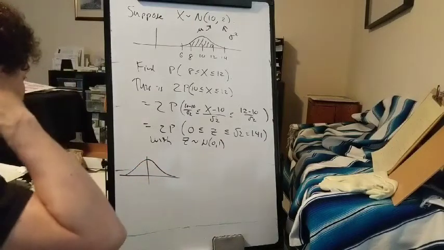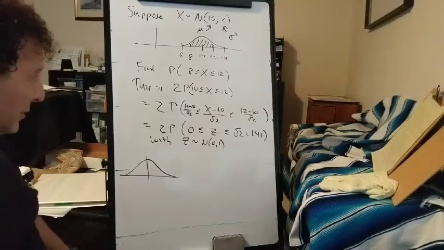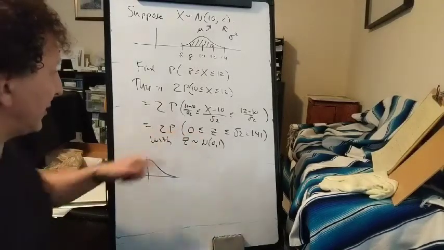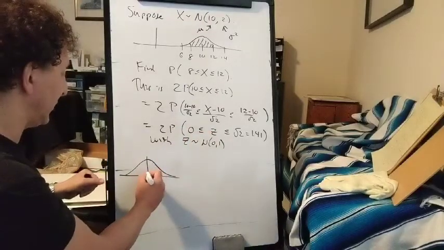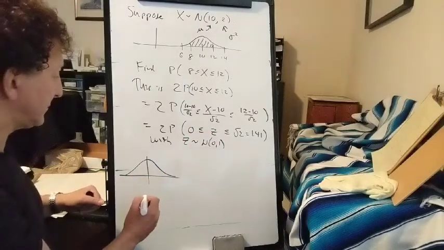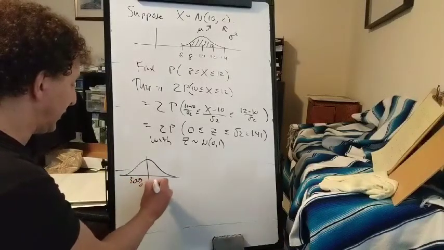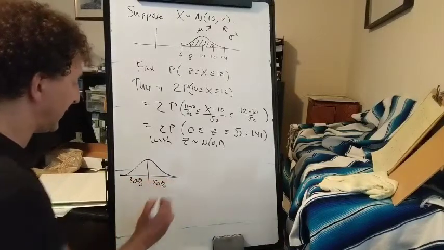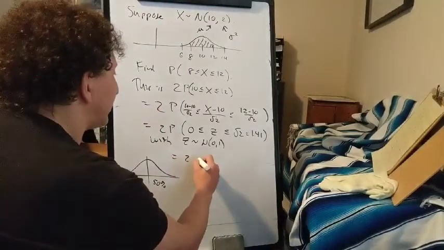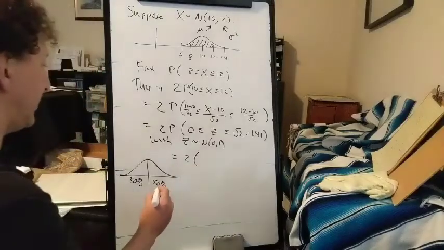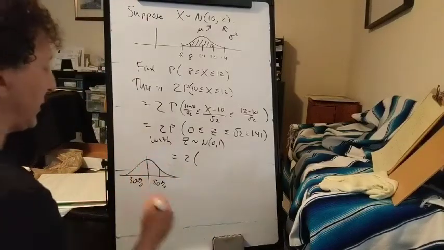Now remember, the standard normal curve is centered at 0. So the probability that Z is greater than 0 is half. We have 50% of the area on this side and 50% on that side. So this is 2 times something minus a half.